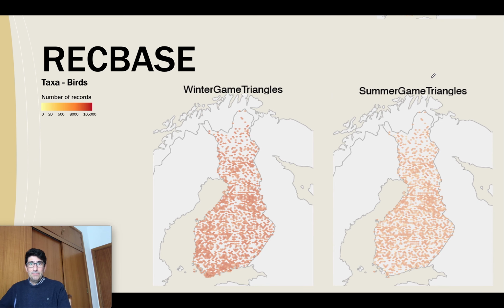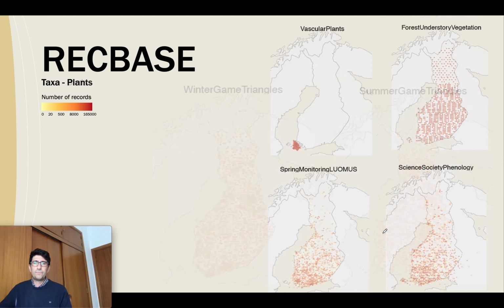Winter game and summer game. There are more records here than here in the summer, and the pattern is almost the same, but if you look closely, you will see some difference. For example, here you see there are more during the winter than in the summer. Plants, let's have a look at plants.